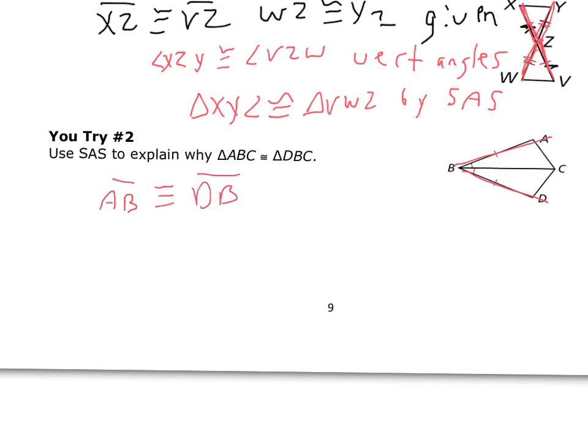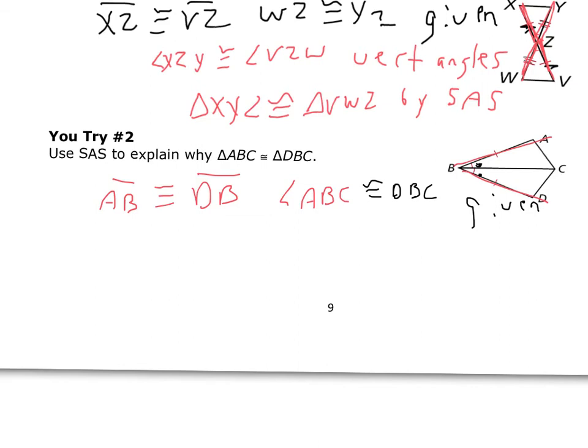AB is congruent to DB, and we also know that angle ABC, this guy right here, is going to be congruent to angle DBC, this angle right below it. It has those congruent marks, so we know that they're congruent. And we know all this because this information is given.